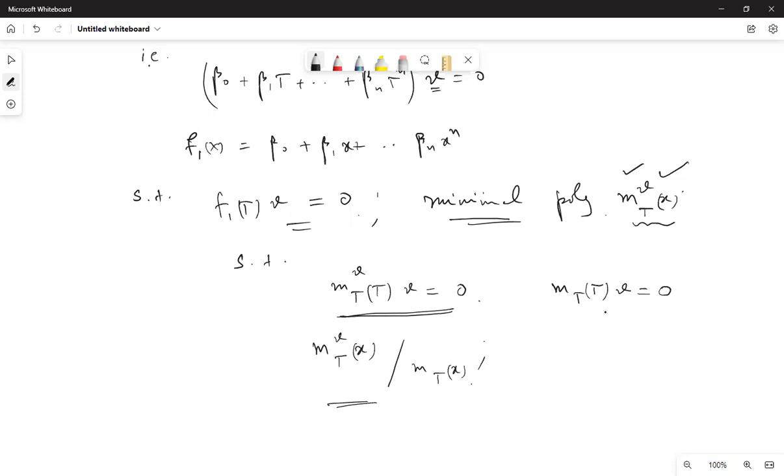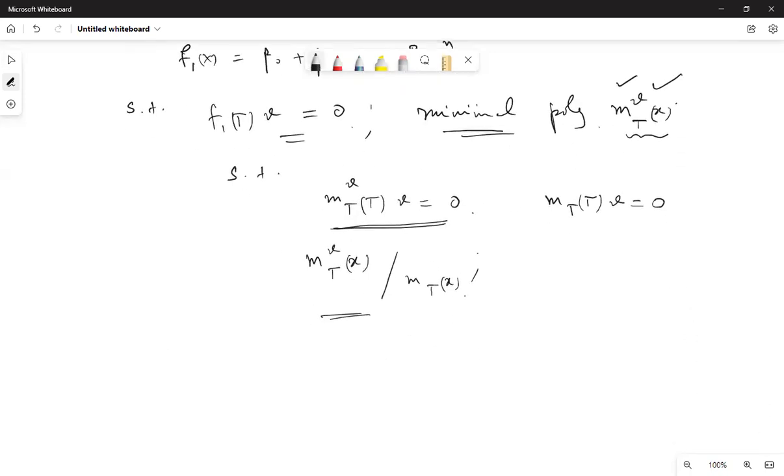This polynomial M_T,v(x) is known as the annihilator of v.